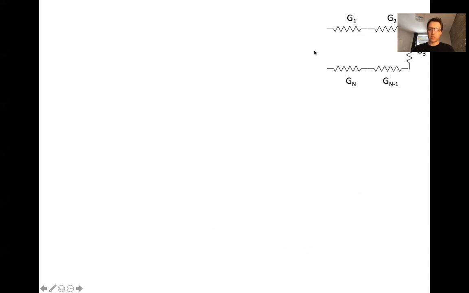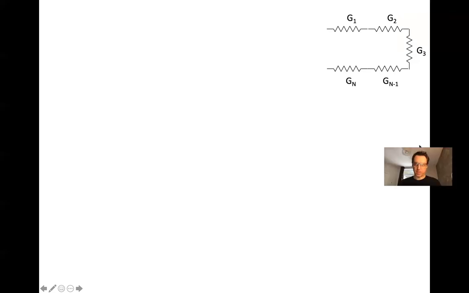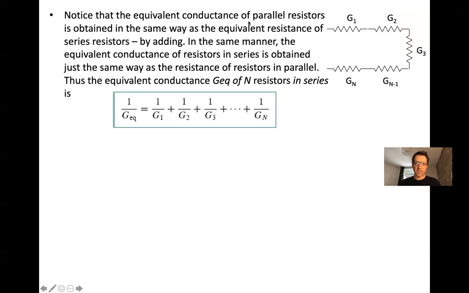Okay, so for example, you have this picture here. You have a whole bunch of resistors connected in series, right? And now we're going back to resistors in series.